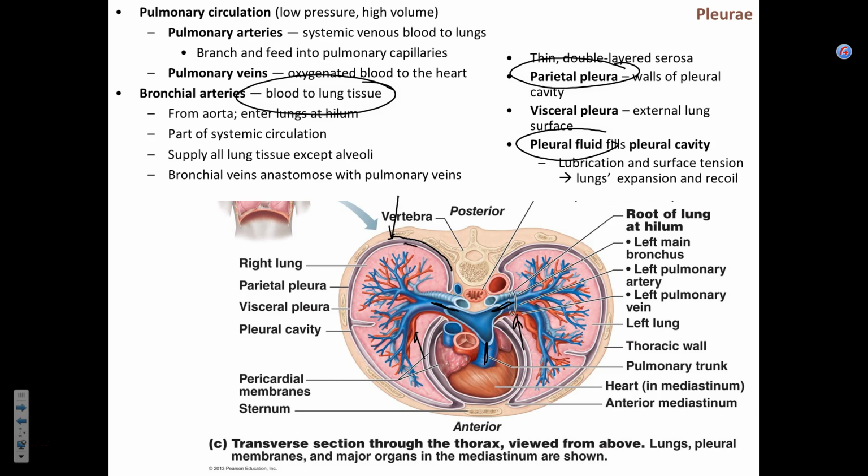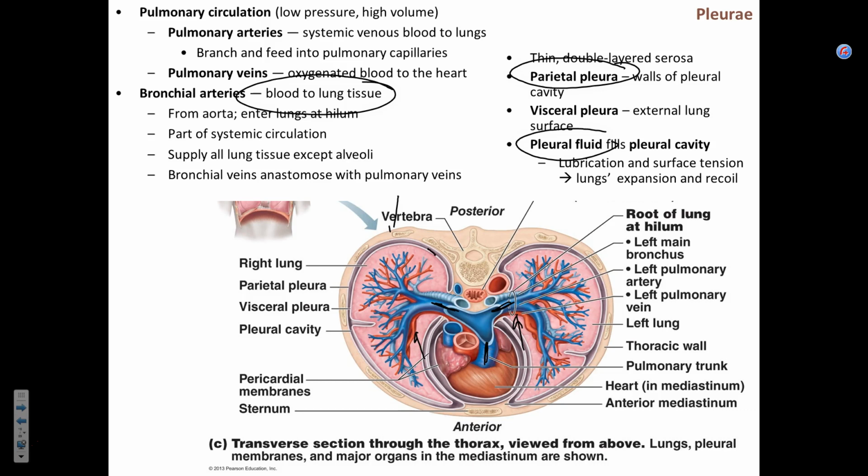And then this is the visceral pleura. Now imagine that these are two balloons, and on the outside of the balloons there's the same membrane. Essentially, if you look at this transverse section, the cross section of the lungs, you will see that parietal and visceral pleura are the same. Especially, look here. So I'm going to trace the visceral pleura first.